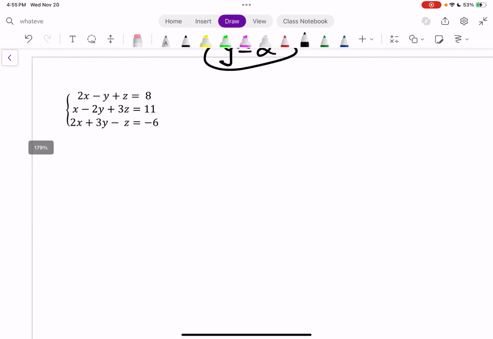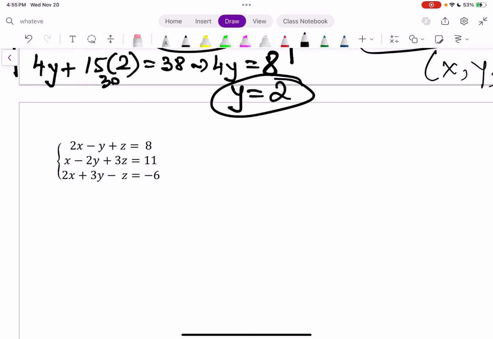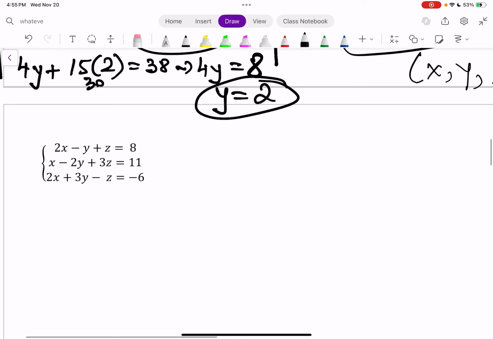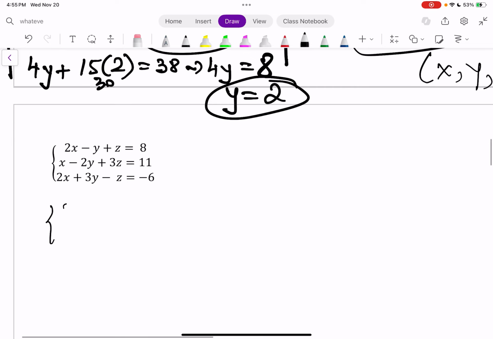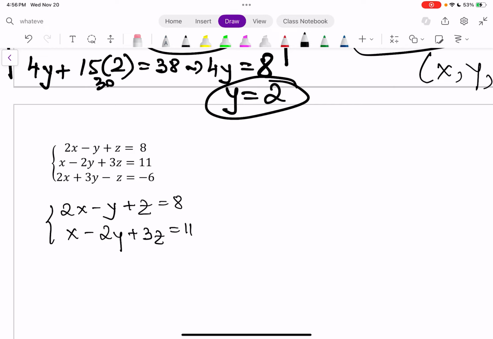Okay. Let's try this again. Grab 2 sets of equations. It could be any 2, so I'm going to get the first and the second. And again, whatever variable you want to get rid of, it doesn't matter.